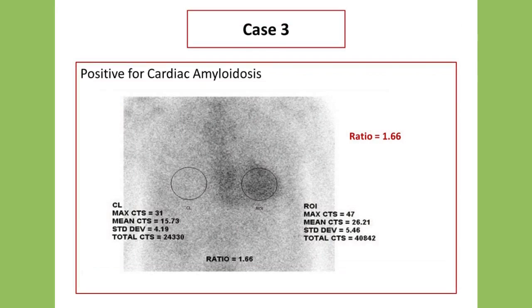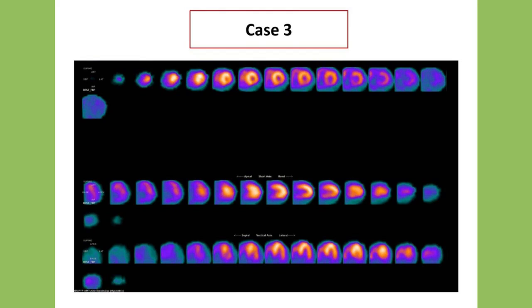And again, when we look at the planar images, we can see diffuse myocardial uptake compared to the rest of the bones with a ratio of 1.66. And again, when we look at the processed SPECT studies, we can see that there is definitely myocardial uptake in this patient, and this patient did have a positive biopsy.